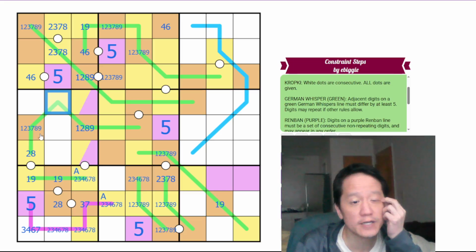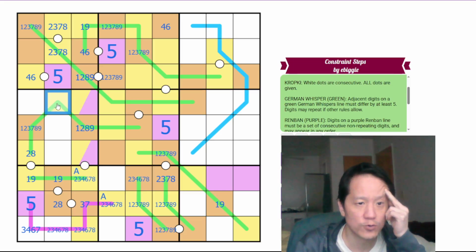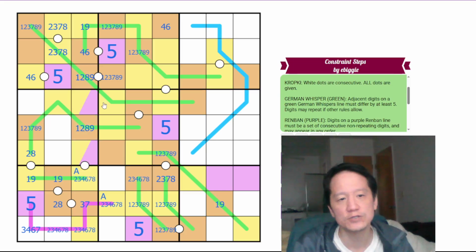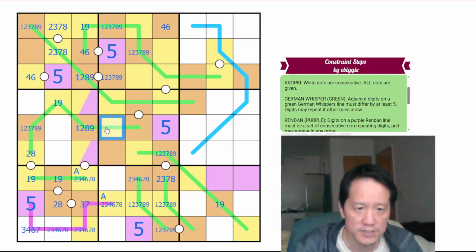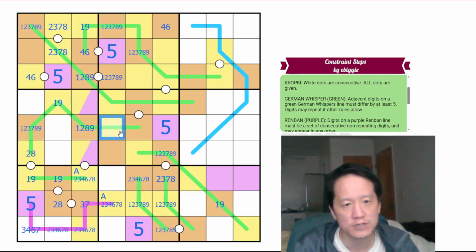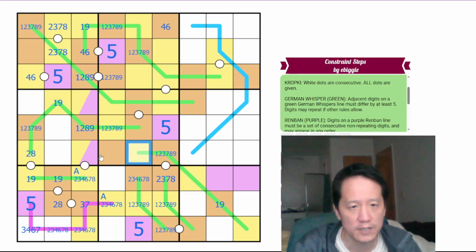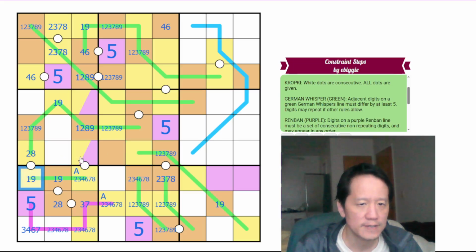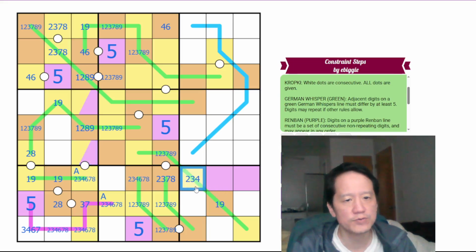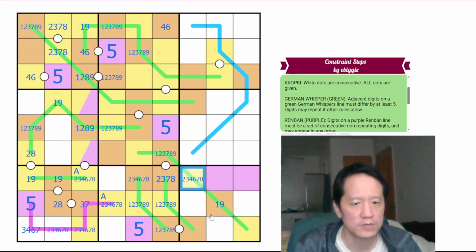And we can't have a 4, 6 here because that's between two unique digits on a German whisper line. So this must be 1 or 9. This is next to two unique digits on a German whisper line. So it's 1, 2, 3, 7, 8, 9. This is 2, 3, 4, 6, 7, 8 here.